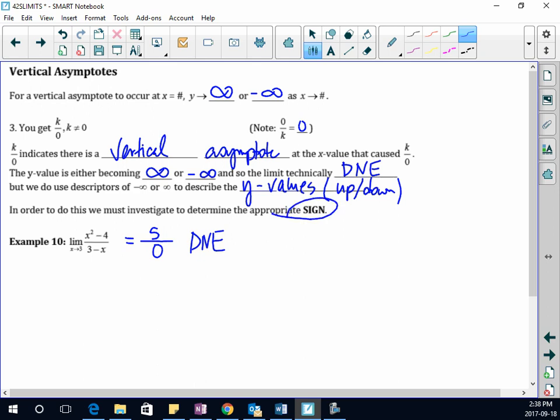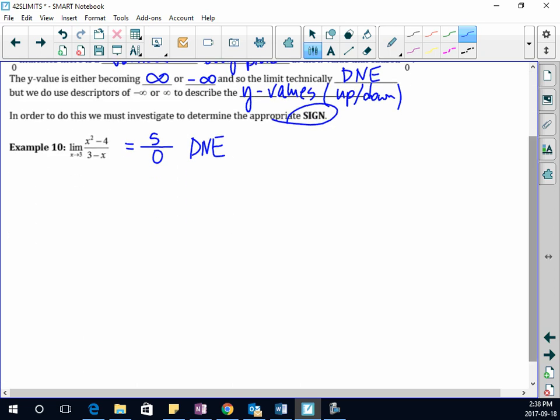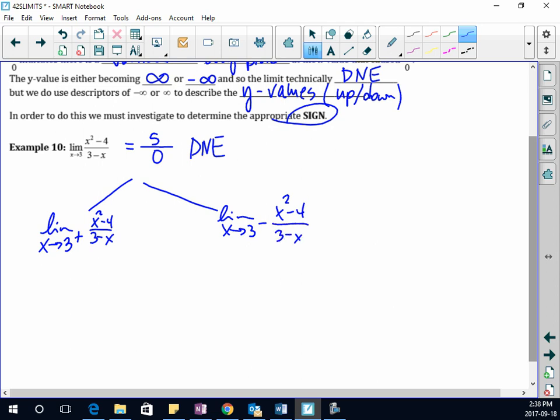Meaning, is it going to positive infinity or negative infinity? So in order to do this, we want to know on the left or the right side of 3. So we're going to split this into 2 limits. The limit as x goes to 3 from the right of x squared minus 4 over 3 minus x, and the limit as x goes to 3 from the left of x squared minus 4 over 3 minus x.